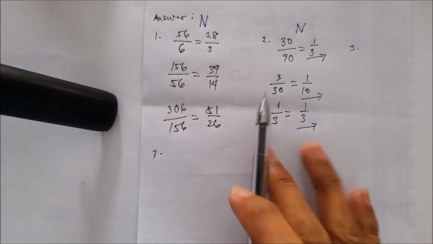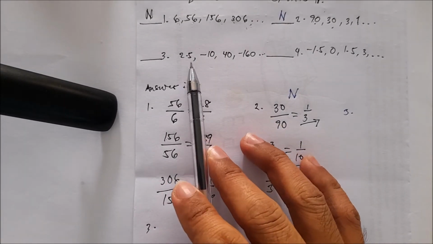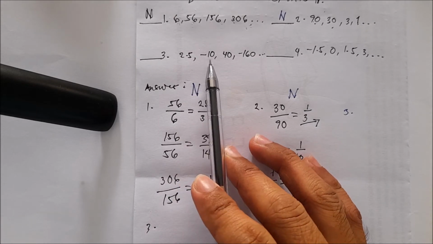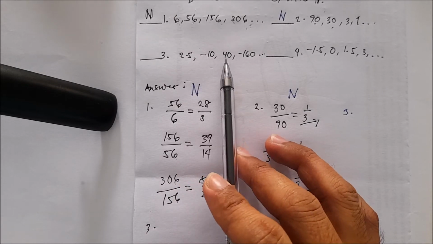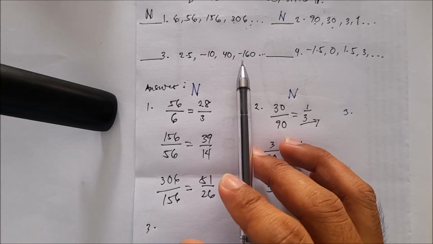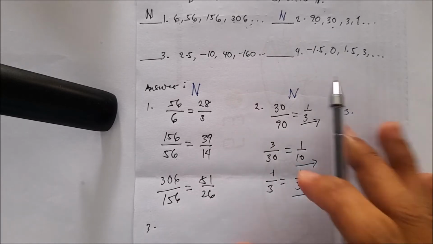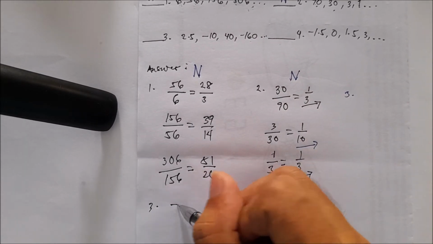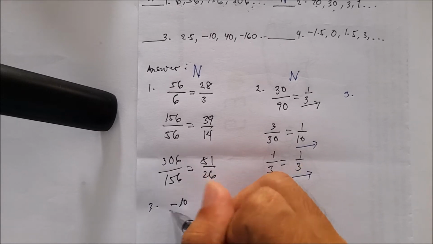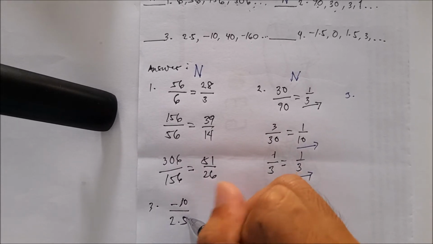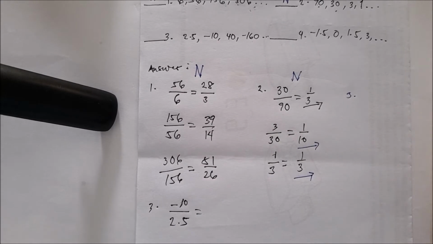Number 3, the sequence here is 2.5, negative 10, positive 40, negative 160. So divide again from the second term, which is 10 divided by 2.5, which is the first term. Now, what is the answer?